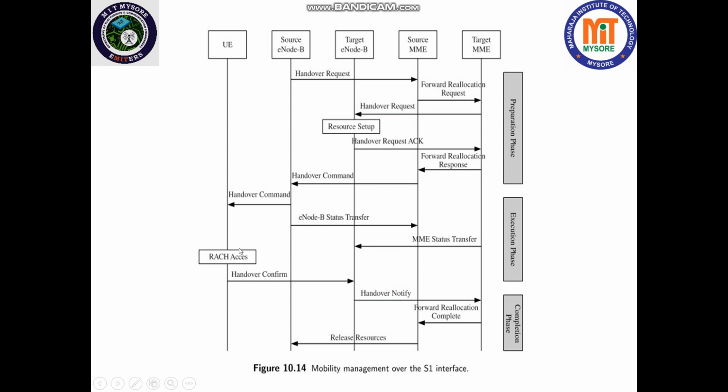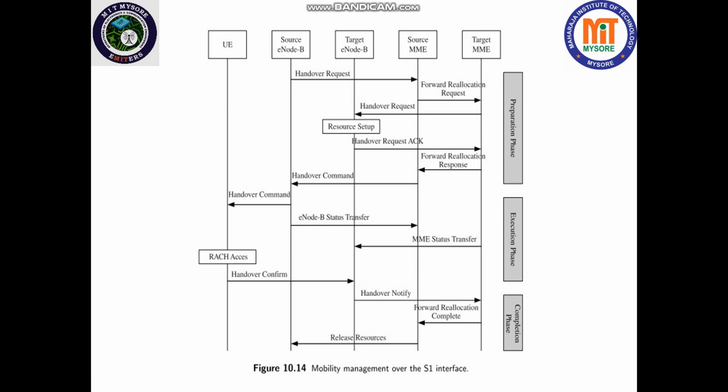And this happens through a random access channel. The user equipment starts accessing the target eNodeB through a random access channel, and the handover confirmation message is given to the target eNodeB at the same time. Okay, this completes the execution phase. So handover is completed. There is a connection established between the target eNodeB and the UE through the RACH channel.